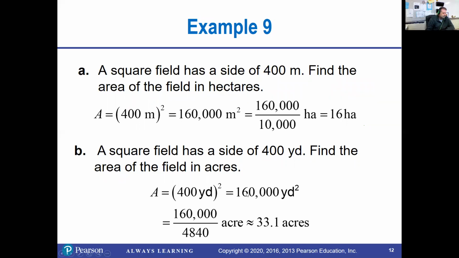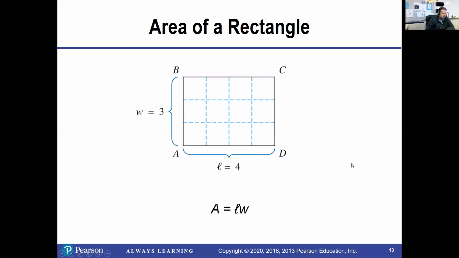That same field in yards can be made in acres. So if it's 400 yards by 400 yards, so 4 football fields by 4 football fields, would be 160,000 square yards. And since 1 acre is 4,840 square yards, divide that in, which would give you approximately 33 acres.